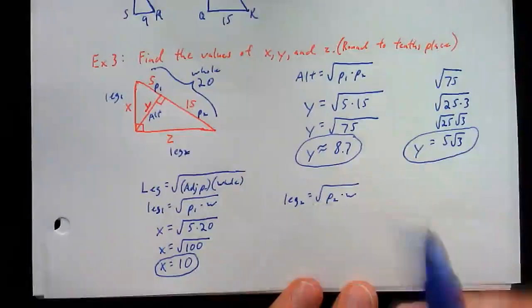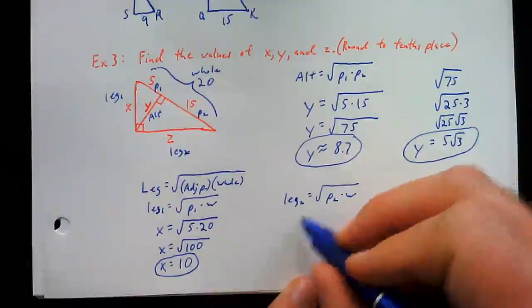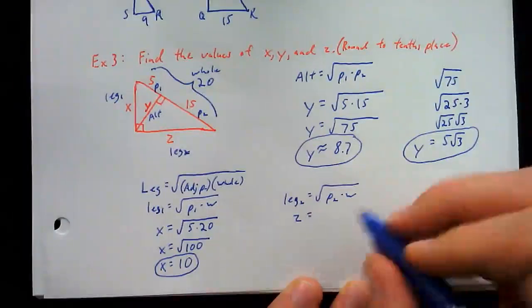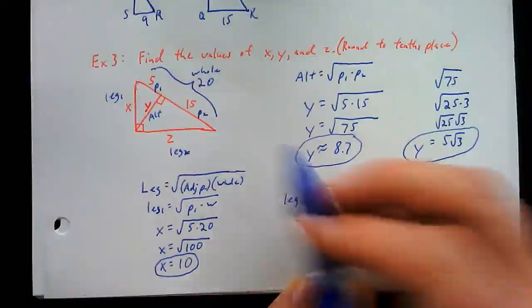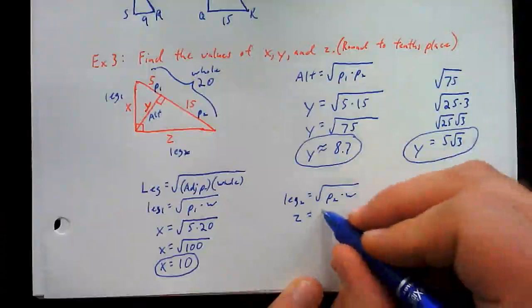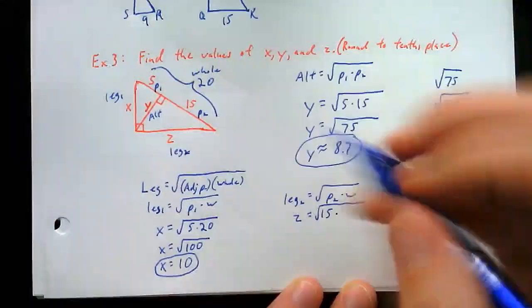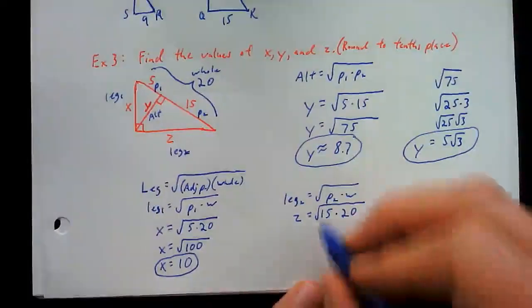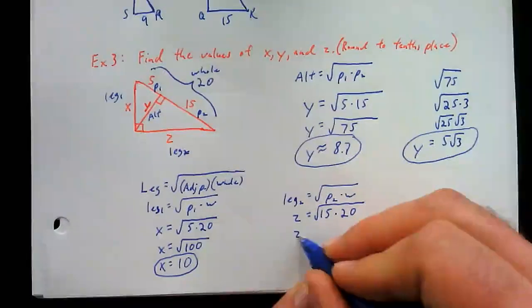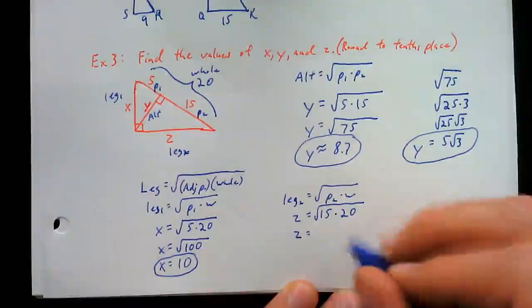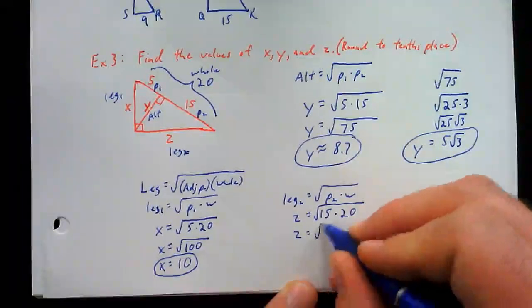Now, for leg 2, we have leg 2 was labeled as z. So now we're solving for z. Part 2, which is, again, the part that's adjacent to this leg. That's why we're using it. And then the whole is 20. So now we have some bigger numbers there. We have 15 times 20, which is going to be 300.